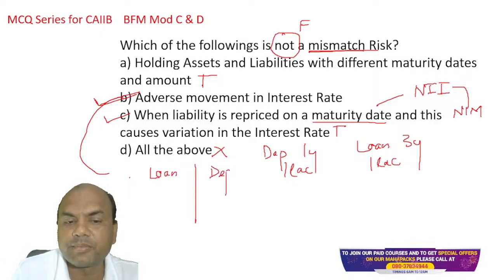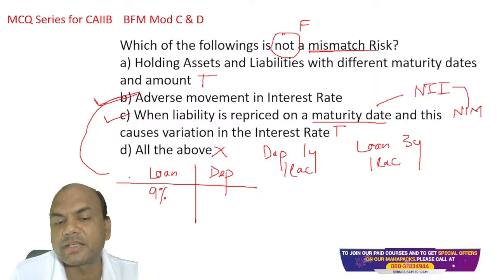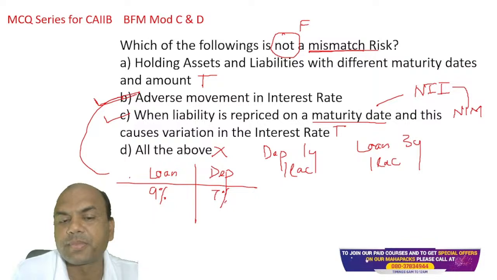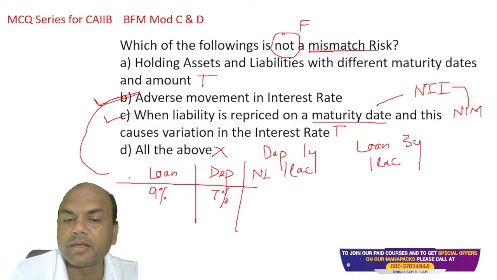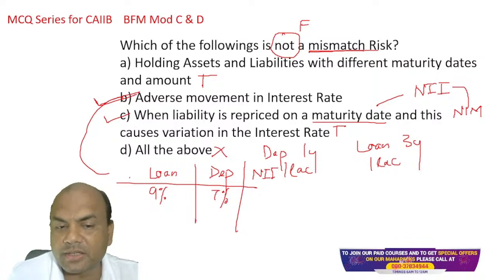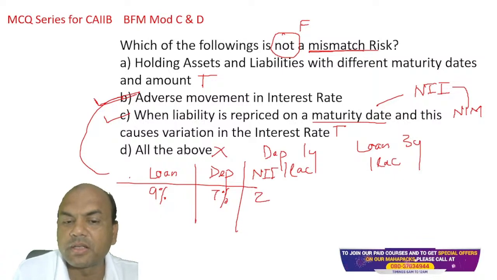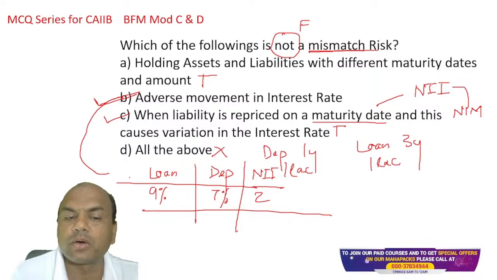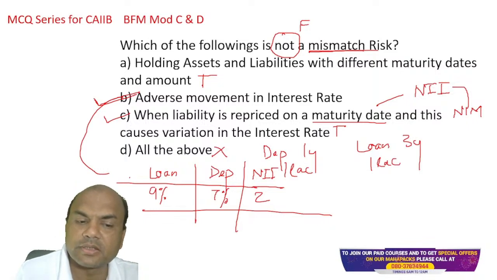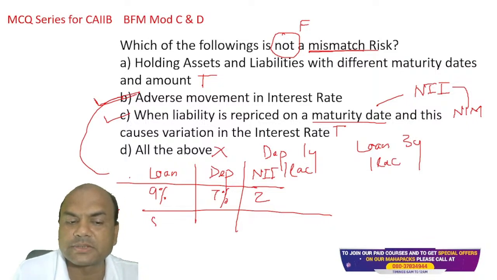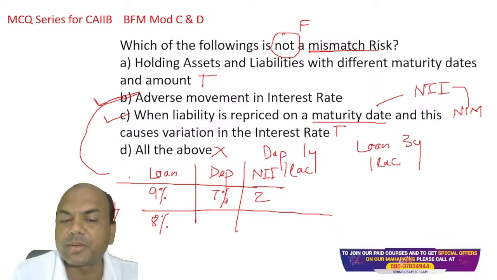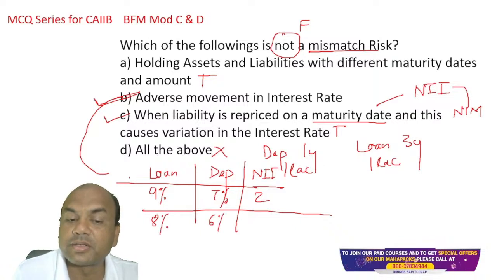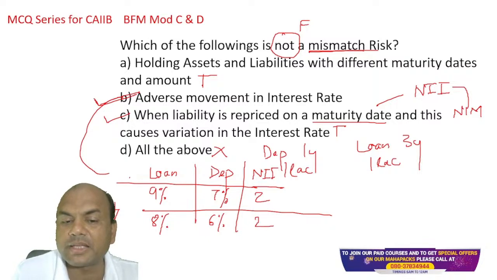Now, if my loan rate is, let's say, 9%, and my deposit rate is, let's say, 7%, then what is my NII, net interest income? My NII is 2%, 9 minus 7, 2%. Now, imagine both of them go down. Both of them decrease, so both of them become 8% and 6%. Same proportion. Then also my NII is 2.